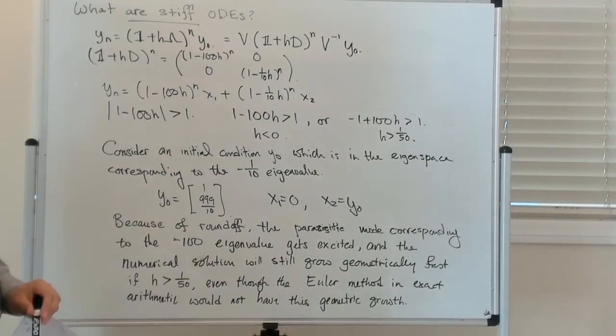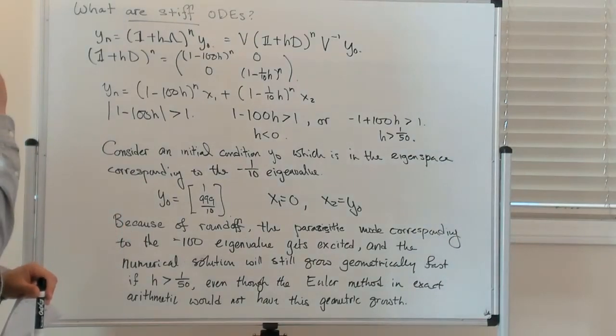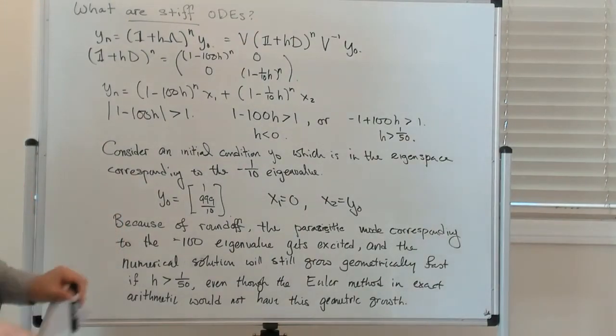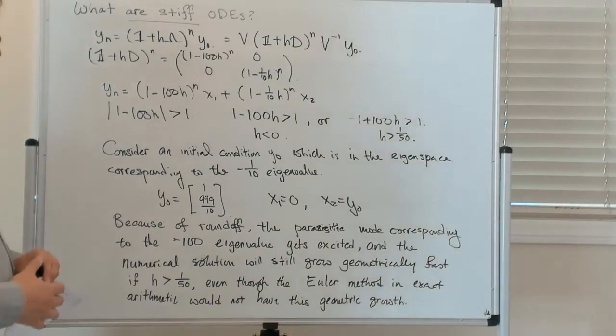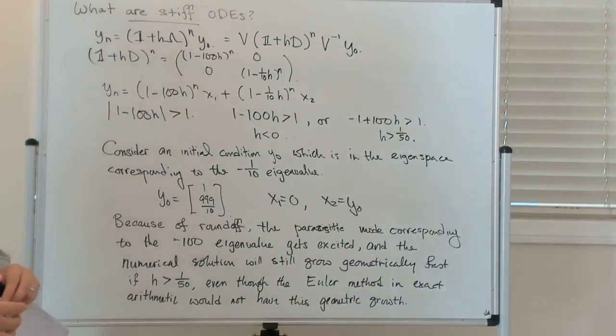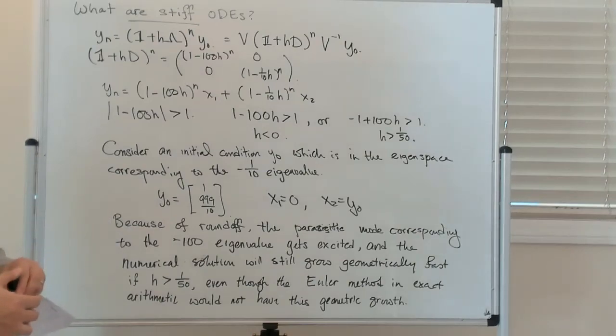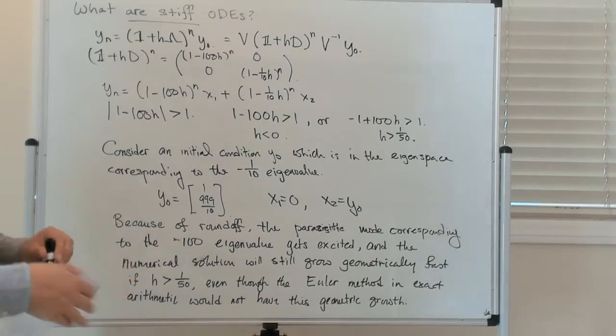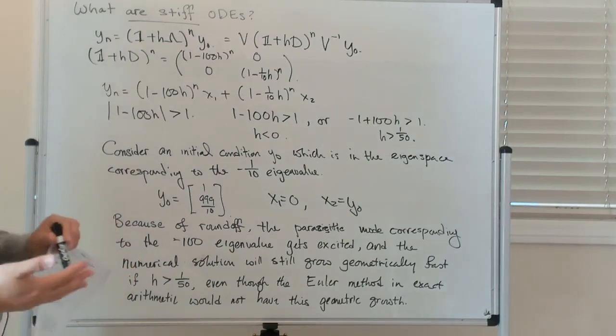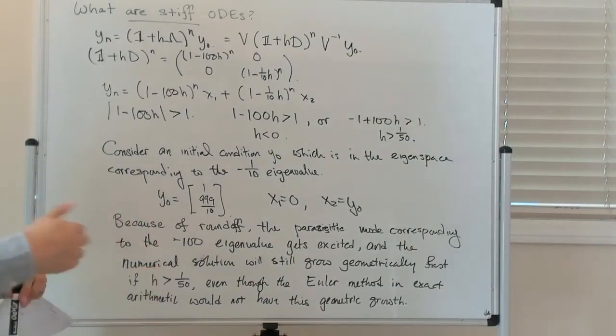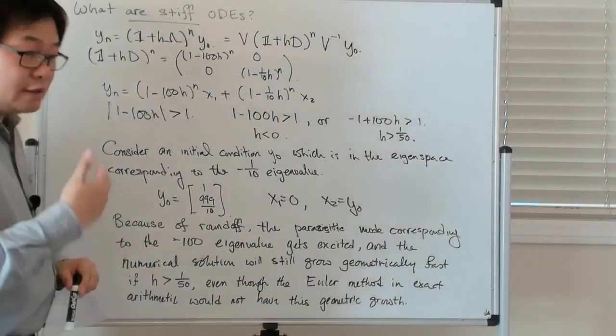So the solution looks extraordinarily smooth, and when the solution looks smooth, you don't really expect to have to take small time steps to resolve it. It's different if the solution was oscillating wildly at a very high frequency. In those situations, you might expect to have to take small time steps in order to resolve the exact solution with any reasonable degree of precision.